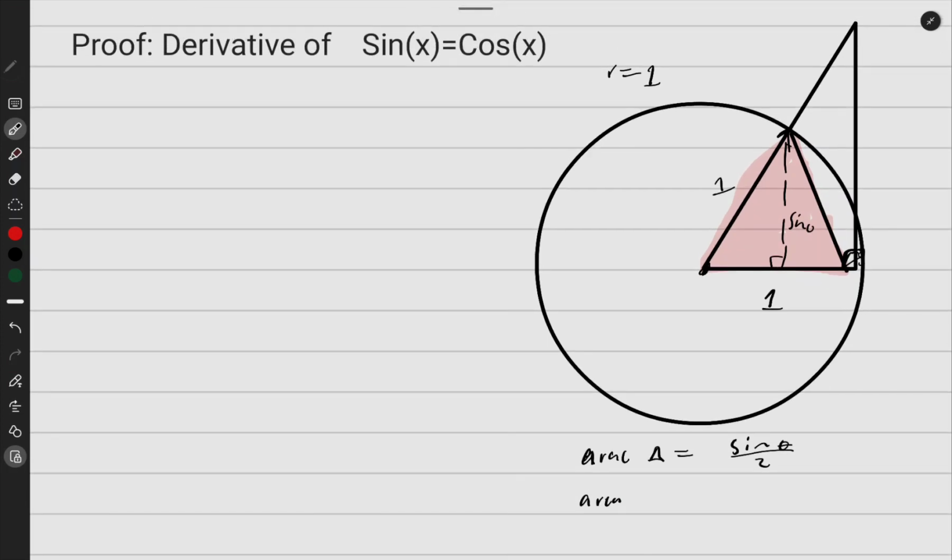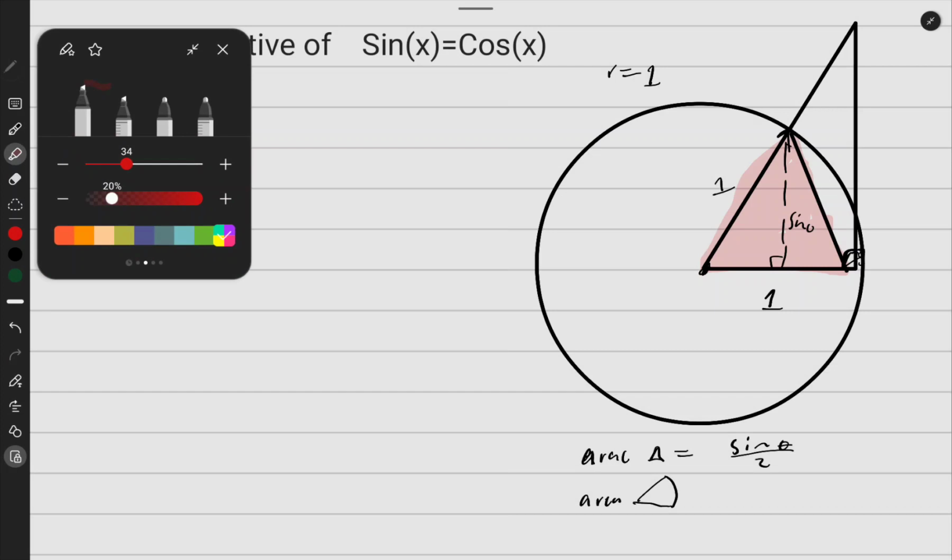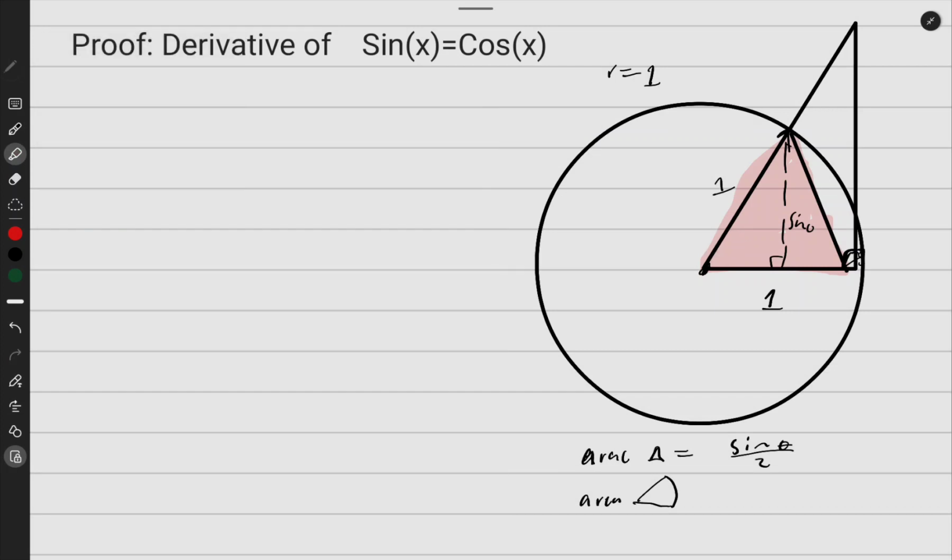Let's move our focus to the area of this piece of slice. I hope you see it. This piece of slice is this triangle plus that sort of arc there. To find its area, we're going to use basic math.